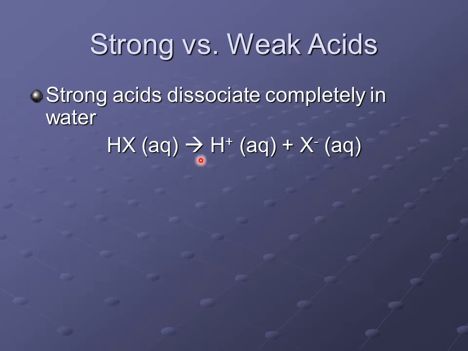So your acid molecules break up into hydrogen ions and anions. In a strong acid, your anions and hydrogen ions never get back together and form the original acid molecule.